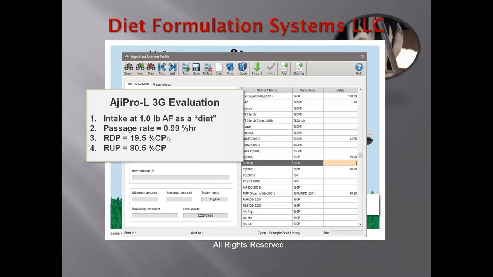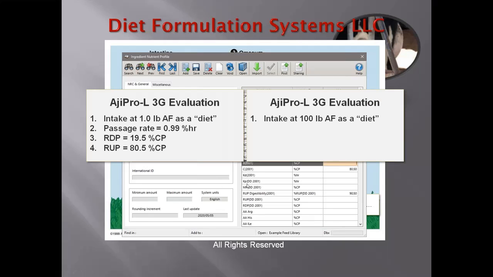Remember, RDP is all of the A fraction plus the degraded portion of the B fraction. There's no B fraction. RUP is the undegraded B fraction plus the C fraction. There's no B fraction. So A and C remain constant. And you'll find the same thing over here. If we plug it in at 100 pounds and a passage rate of 9%, RDP and RUP are going to be constant at any passage rate.